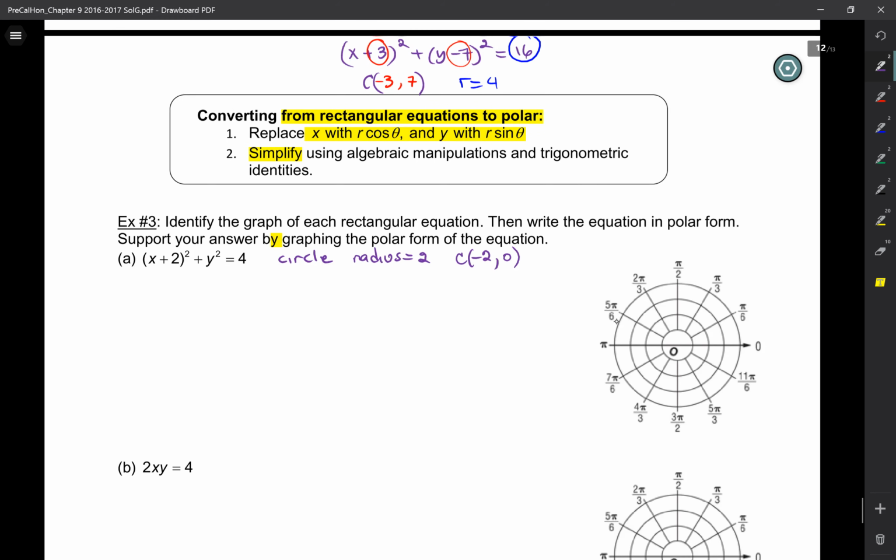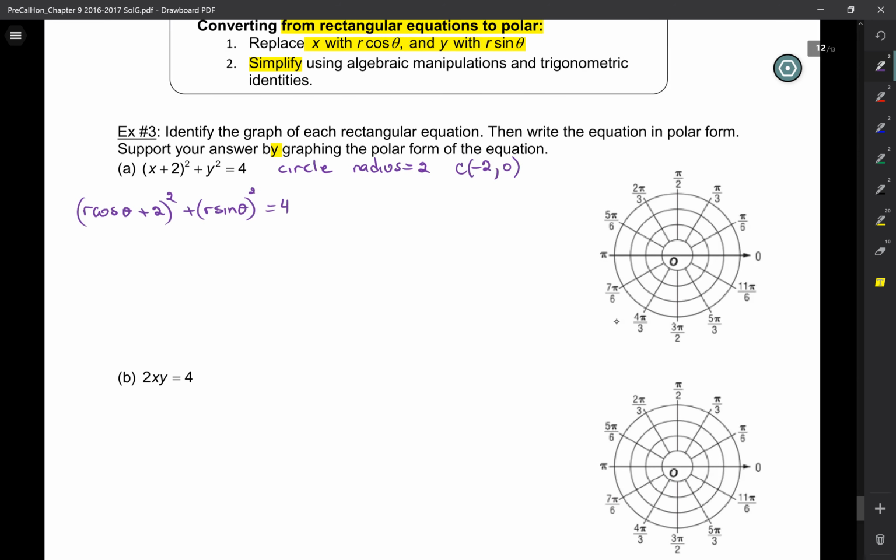Okay, so wherever I see an x, I'm going to put in r cosine theta plus 2 quantity squared plus r sine theta squared is equal to 4. Okay? And now we simplify this.